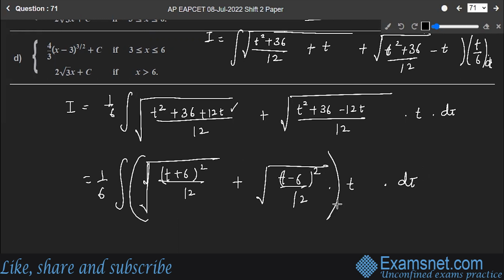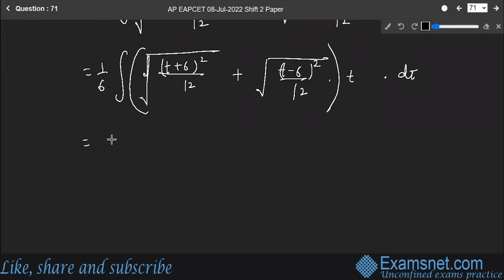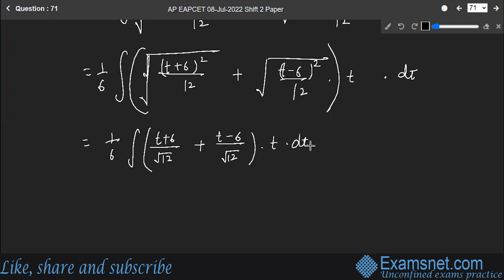Now this can be written as 1 by 6 integral of t plus 6 upon root 12 plus t minus 6 upon root 12, t dt. This will be equal to 1 by 6, and 6 and 6 will cancel. So you will have 2t upon root 12 into t into dt.